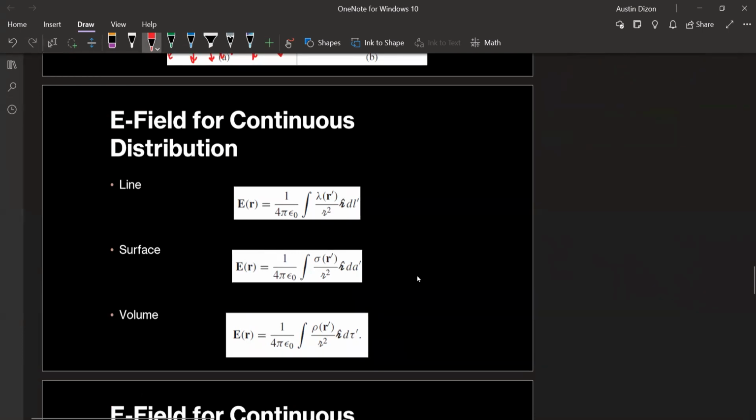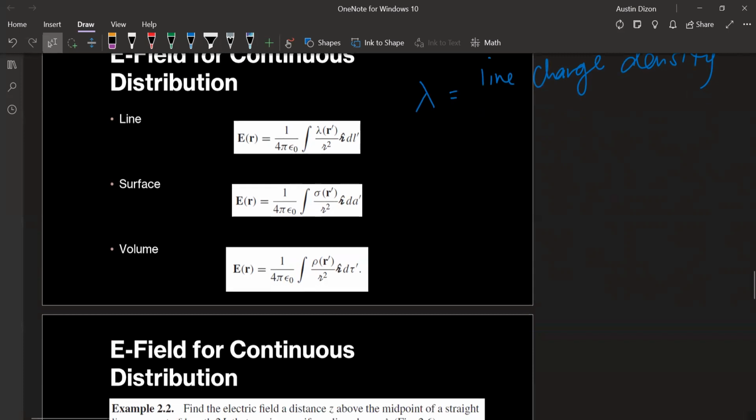Okay, kilatasin natin yung mga laman ng equations natin. Okay, so what is lambda, what is sigma, and what is rho? Lambda is a line charge density. And when we say density, anong pumapasok sa isip mo?